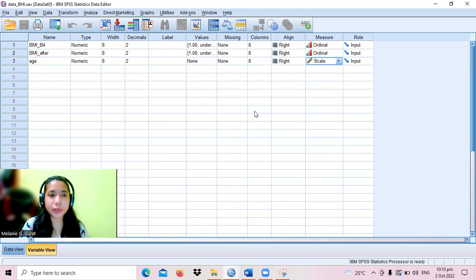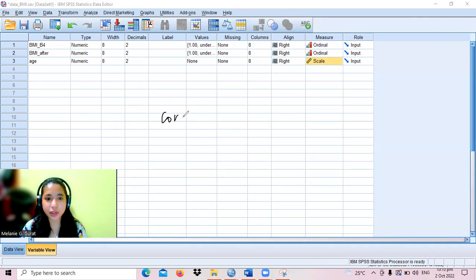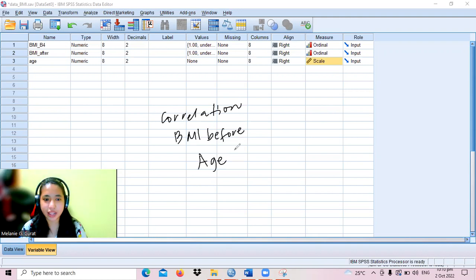Now, our purpose is to get the correlation between the BMI before, or the initial BMI, and of course the age. As mentioned, BMI before is ordinal data. Age is ratio.